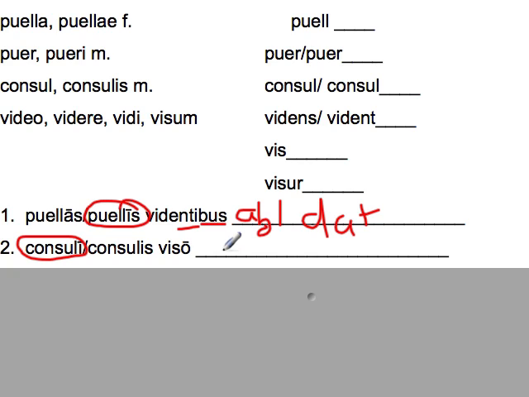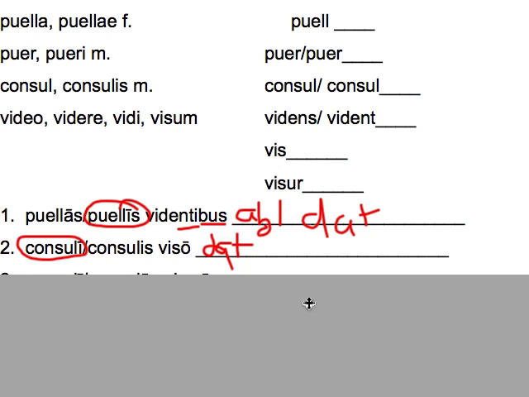So I would have to write dative because I discovered the case is dative. Man, that looks like it could be a lot of things, but that's dative. Then I just have to translate the basic idea. I do not have to translate according to case. So the consul having been seen, because that's a perfect passive participle.